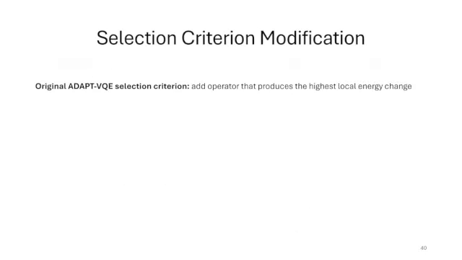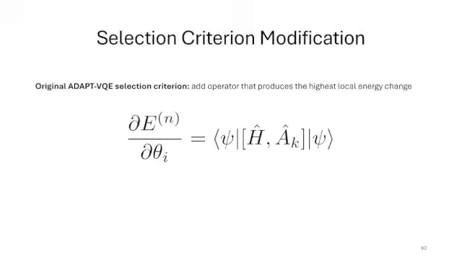One other thing that we can do is modify the selection criterion of ADAPT-VQE to favor the hardware efficiency. So the original selection criterion is aiming at the operator that produces the greatest local energy change, so the operator with the highest gradient. But different operators have different costs on hardware. So some operators are easier to implement, and some operators are harder to implement.